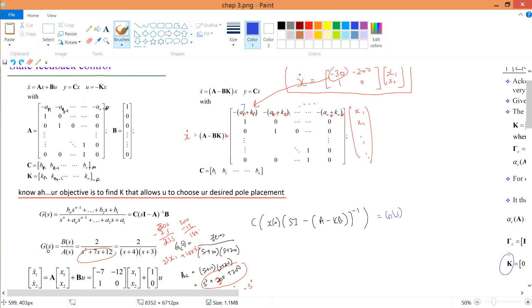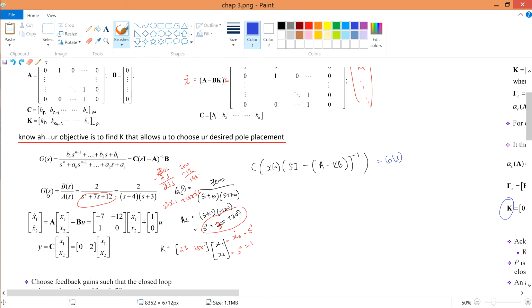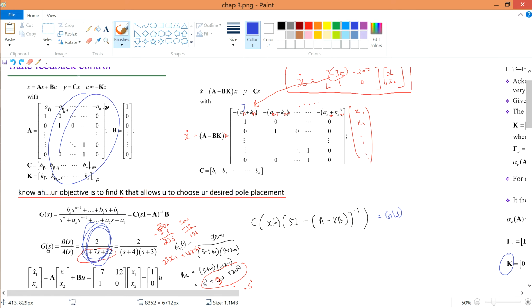You have your open loop transfer function. And then write it in terms of a state space by using the general canonical form of this one and the notations of this one and this one.